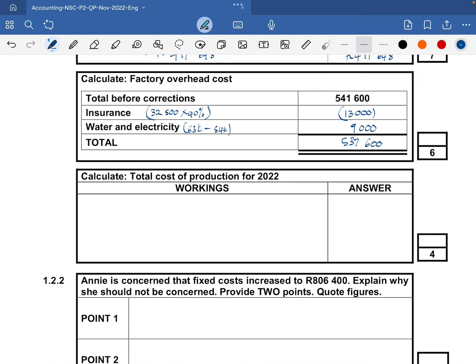537,600. Okay, now quickly calculating the total cost of production for 2022.